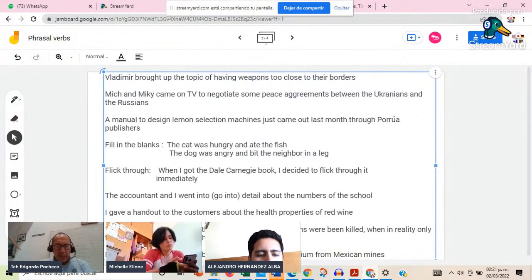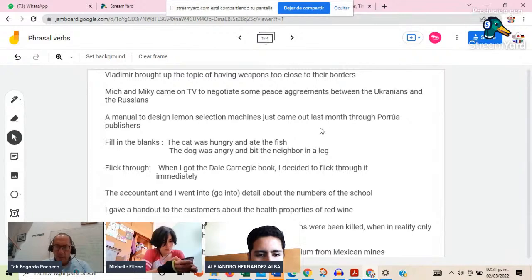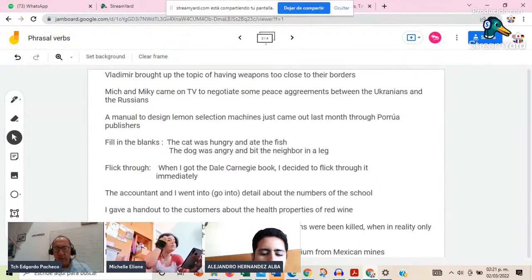Banning is prohibiting. You suggested that people don't buy uranium from our mines, from Oaxaca or Chiapas. Mickey presented the idea. He suggested the idea of prohibiting the purchase of uranium from Mexican mines.